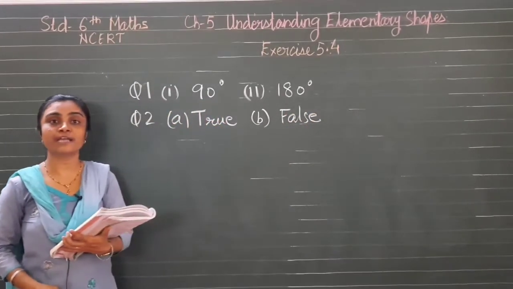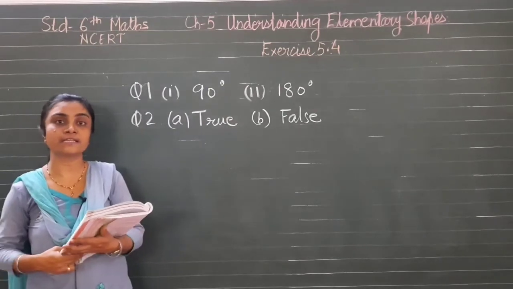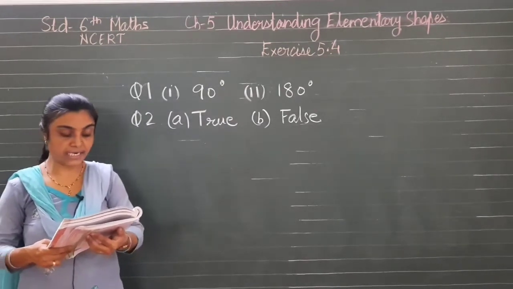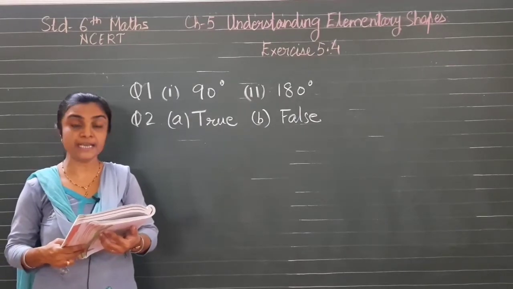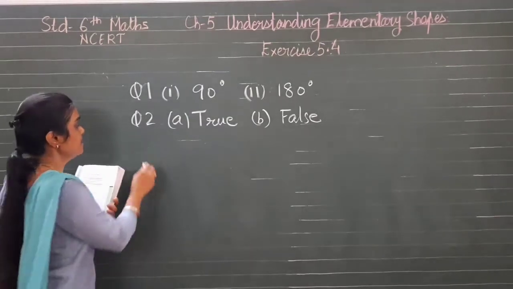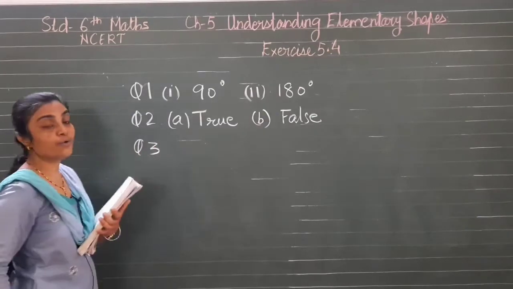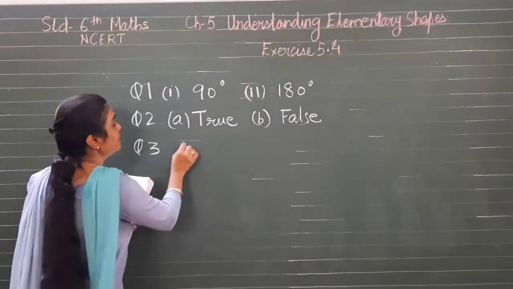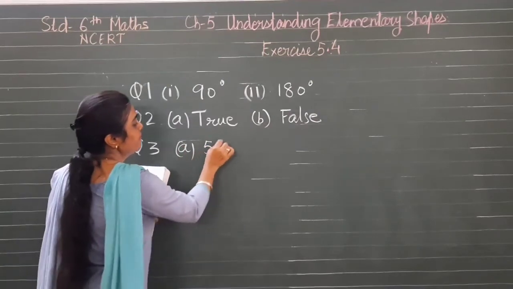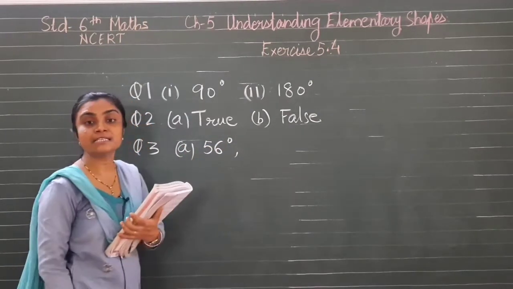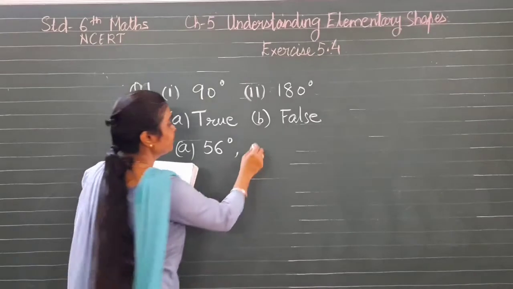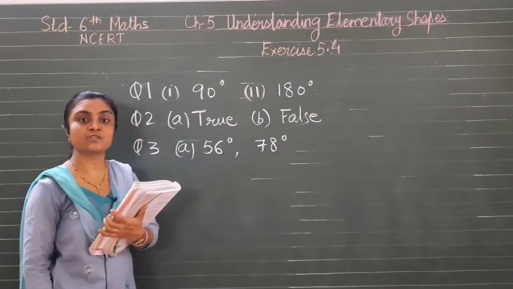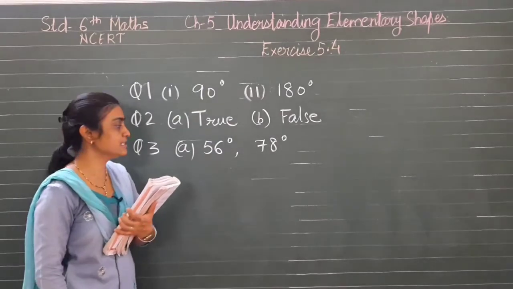The rest you can do by yourself using the same logic. Now question number 3. Write down the measures of some acute angles. We know acute angles are always less than 90 degrees. So you can write down any of the angles. Suppose 56 degree, which is less than 90 degree. 80 degree, also less than 90 degree.